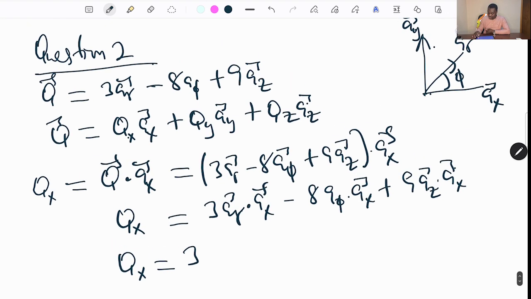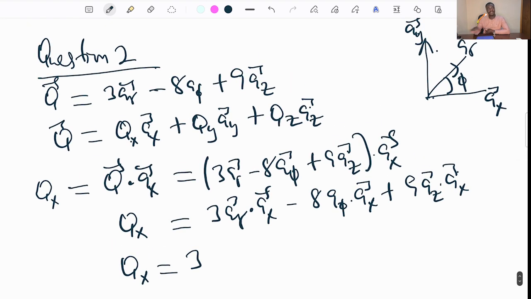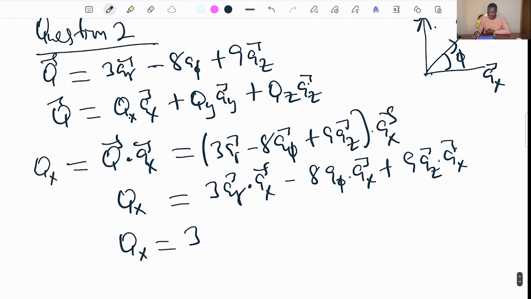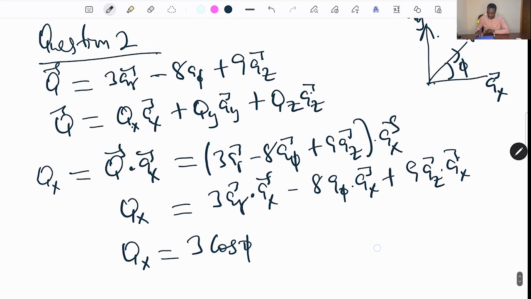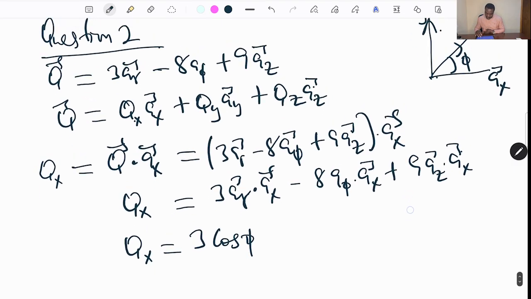The angle between the unit vector along the radius direction and the unit vector along the x-axis is phi, so the dot product gives us cos phi.